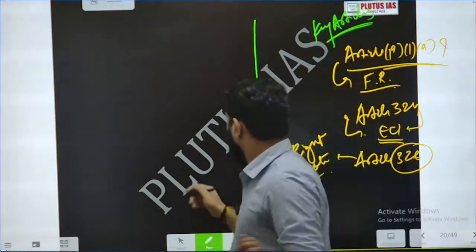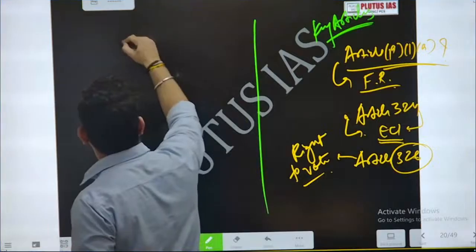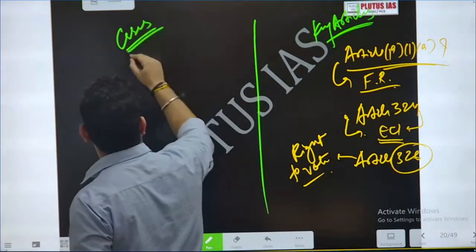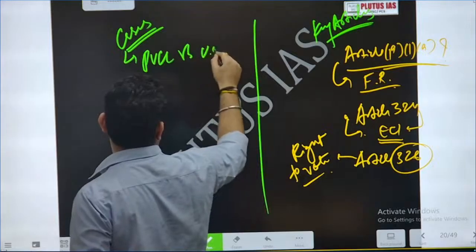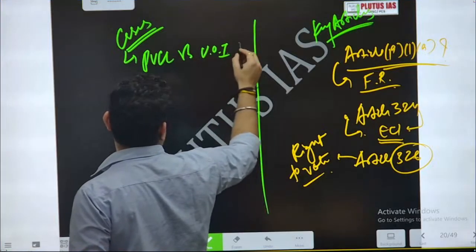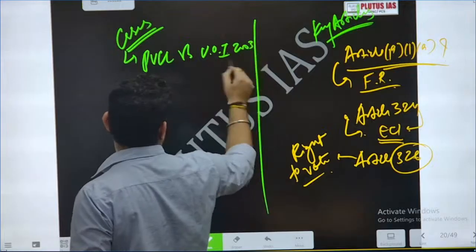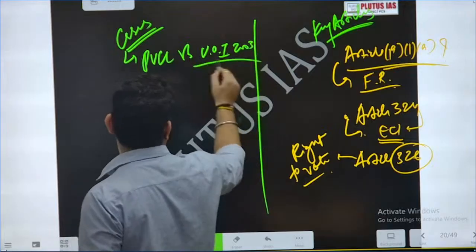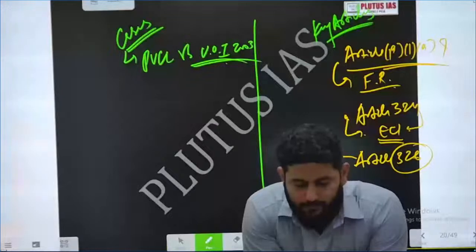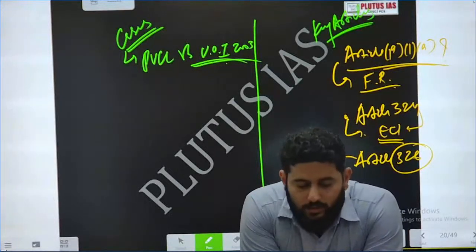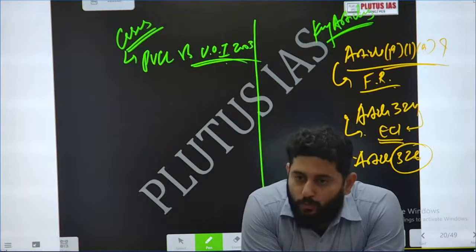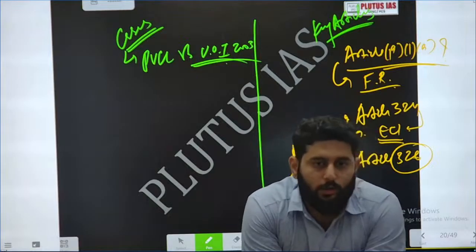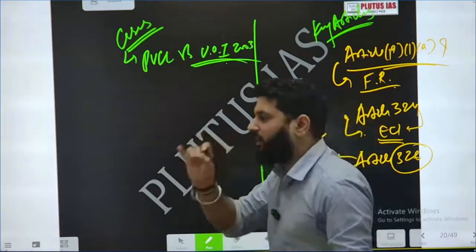Key articles. Now cases. PUCL versus Union of India 2003. This case recognized that the freedom of voting is also part of freedom of expression.